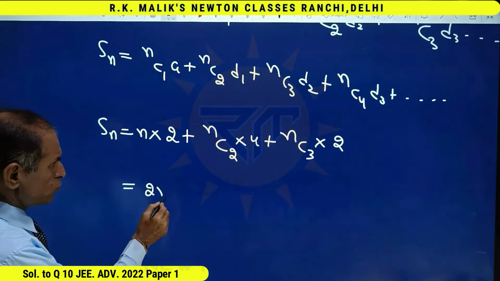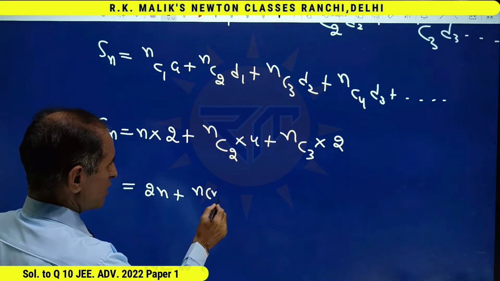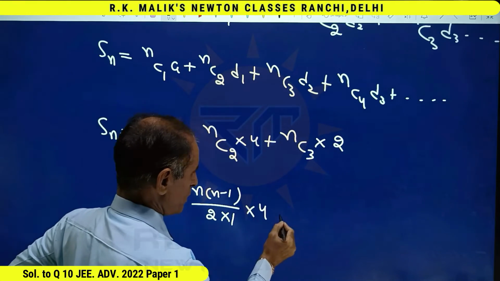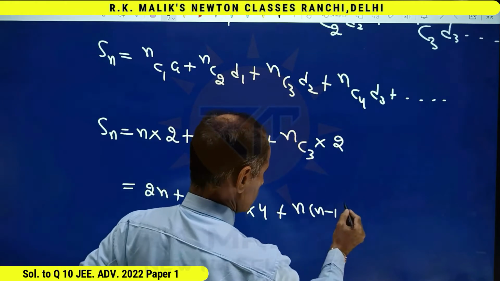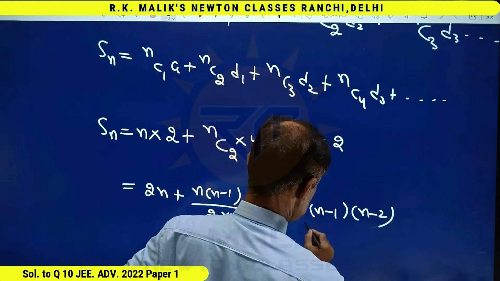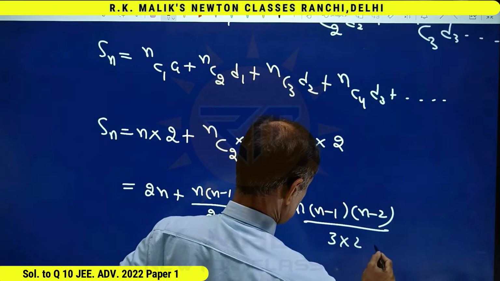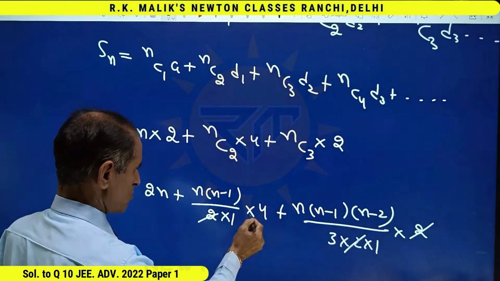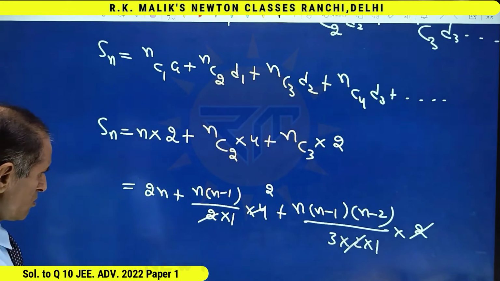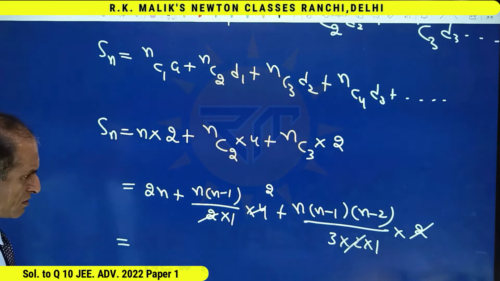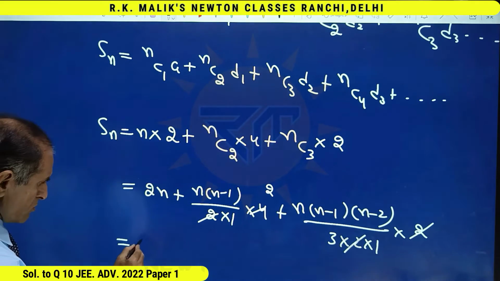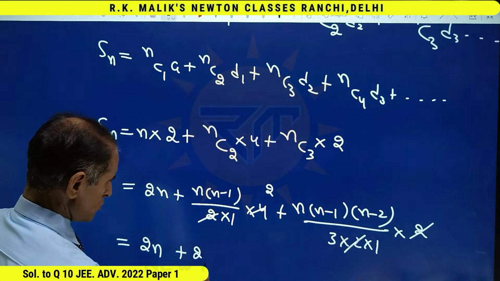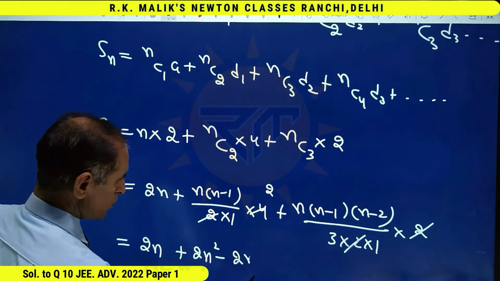That is 2n plus n into n minus 1 by 2 into 1 into 4 plus n into n minus 1 into ... that is 2n plus 2n square minus 2n.